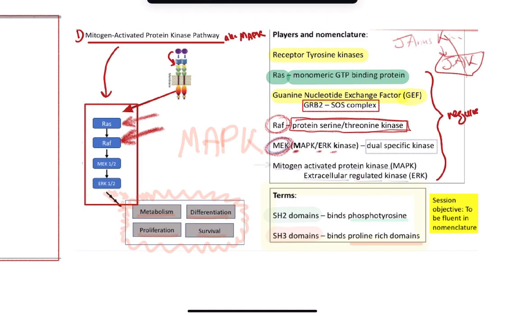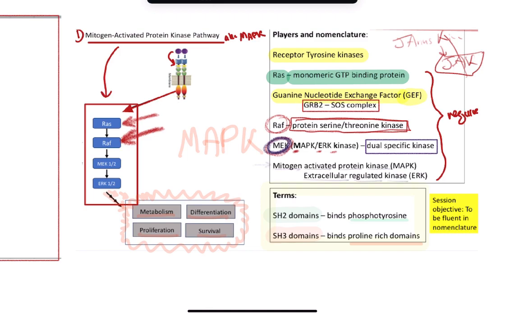We talked about how there are tyrosine kinases, how there are serine threonine kinases, and sometimes there are dual specific kinases, and those are going to do both. They have two different active sites, one that will phosphorylate tyrosine and another that will phosphorylate serine and threonine. So this MEK is going to be a dual specific kinase. All right, very important. We're going to keep that in mind.